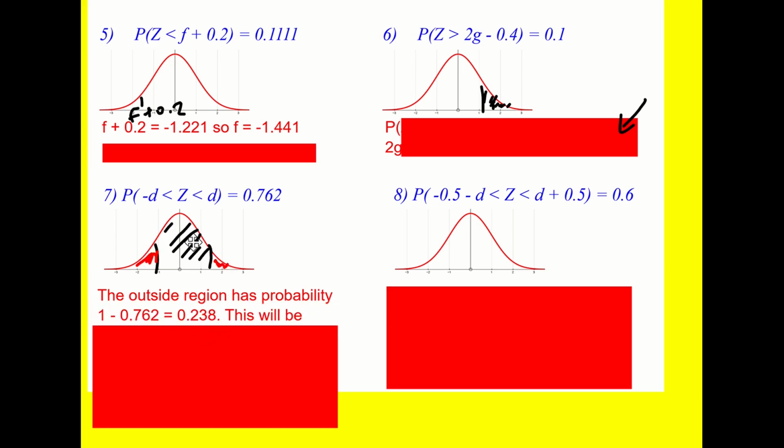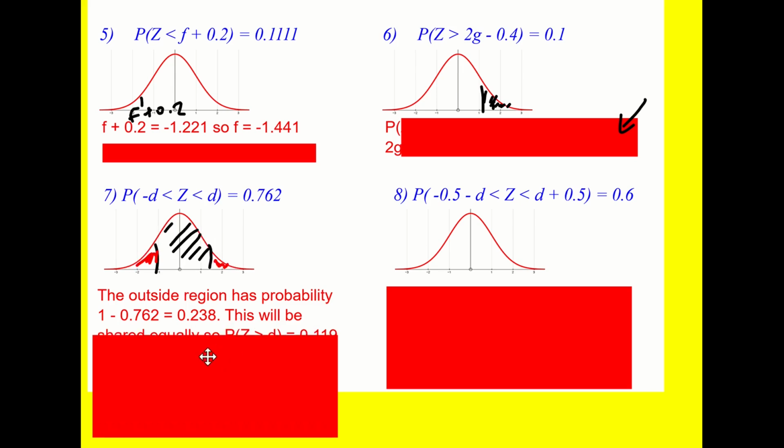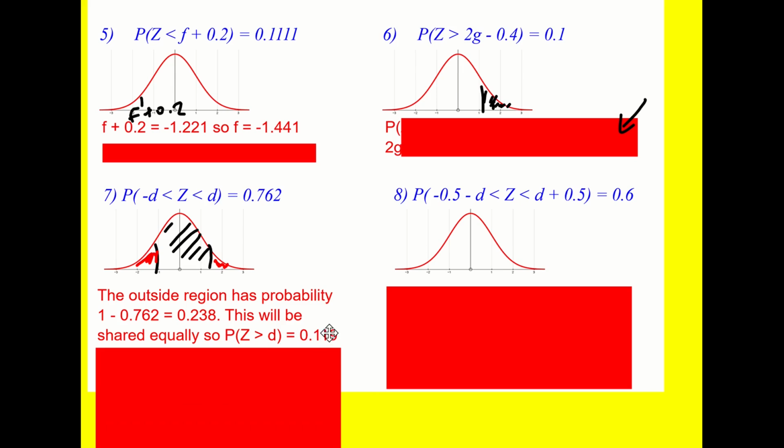But we know that these two regions are exactly the same, and so each one is going to be 0.119. That is the probability that Z is greater than D. Here's my value of D, here's my value of minus D. So the probability that Z is greater than D is going to be half of this 0.238.